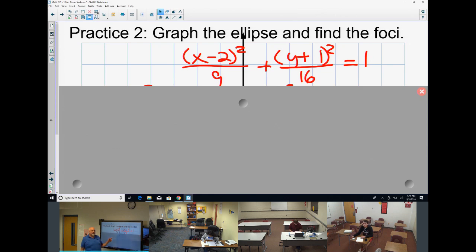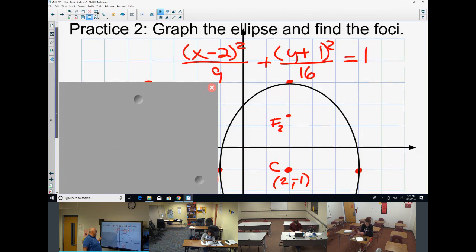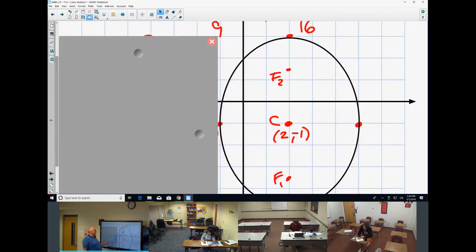Jada, from the center point we go up and down, how far? 4. Okay, so our graph is going to look like this. So you do the center point, left and right 3, up and down 4, boom.